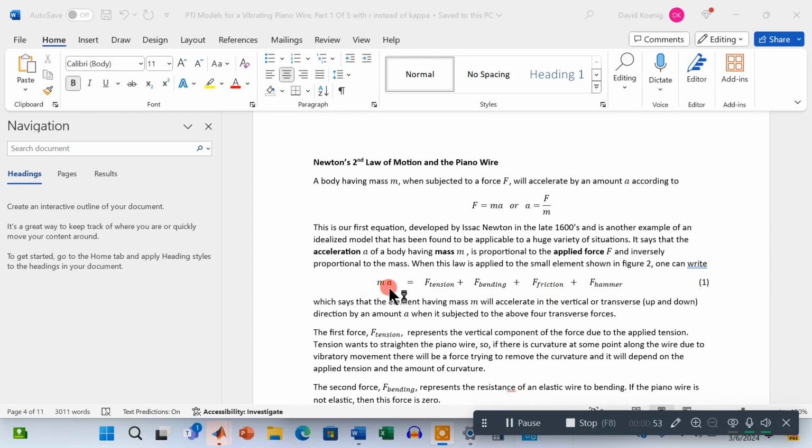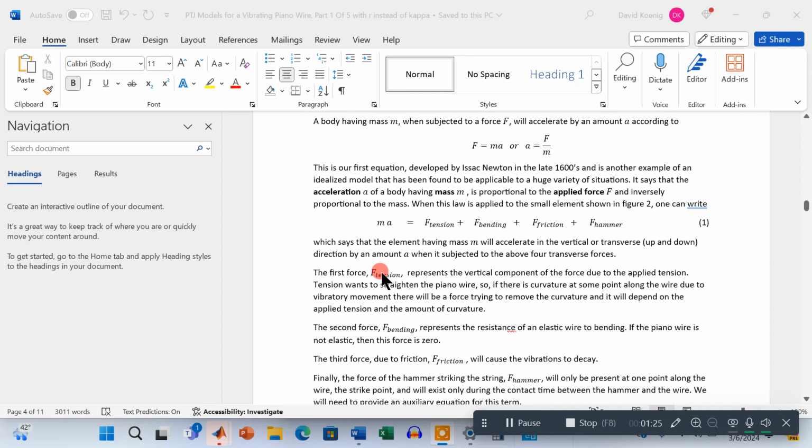expresses Newton's second law again, where it says that the mass times the acceleration is equal to the force because of the tension in the wire, the force because of the resistance to bending of the wire, the force due to friction, and the force due to the hammer striking the wire.